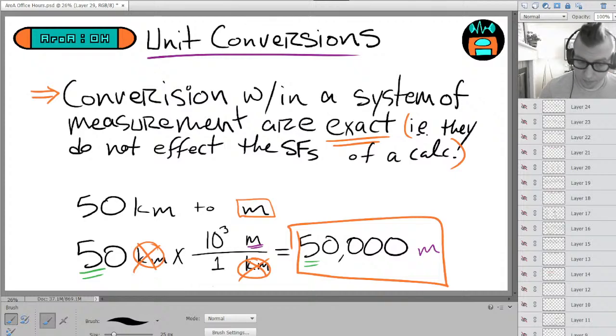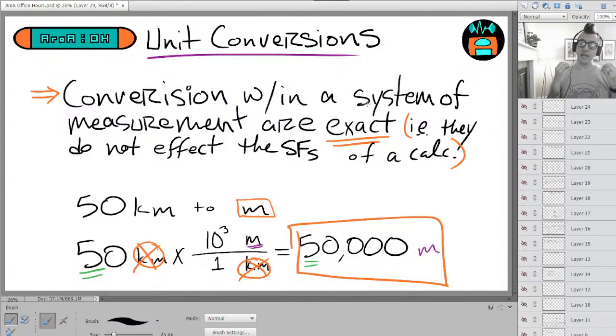Now, you may be going, Josh, why didn't you look at your unit multiplier to see if that would affect your sig figs? The reason is that we are converting within a system of measurement. We're in the metric system. Meters is a metric unit, kilometers is a metric unit, and the relationship between them is not a measured relationship.